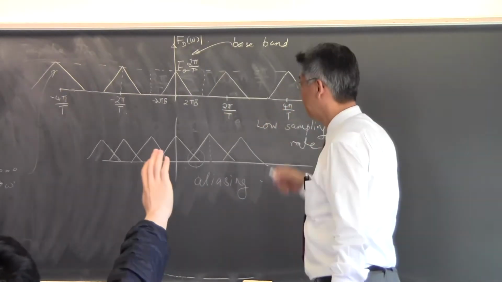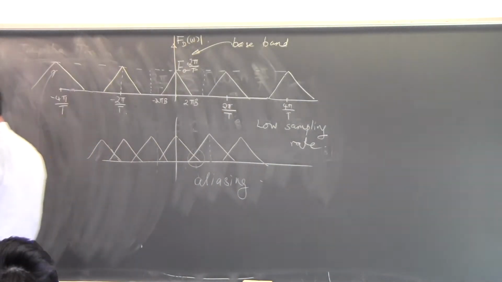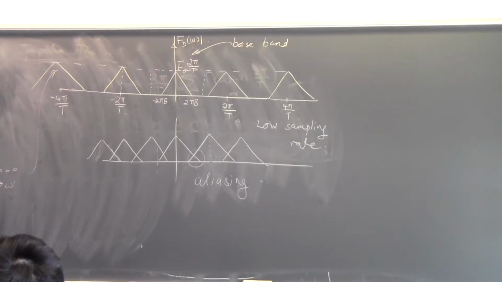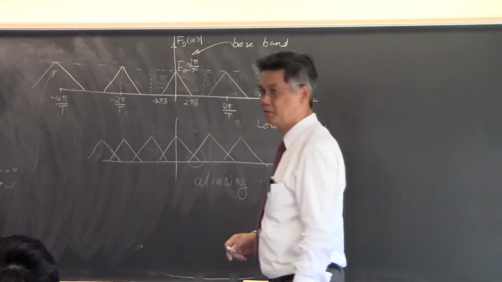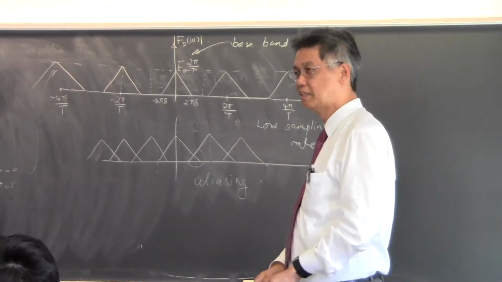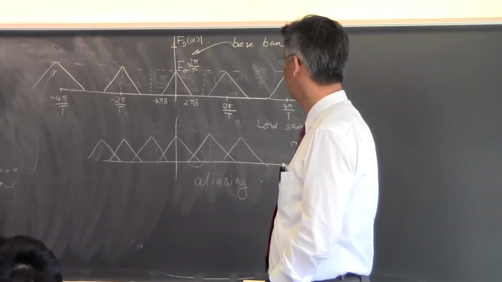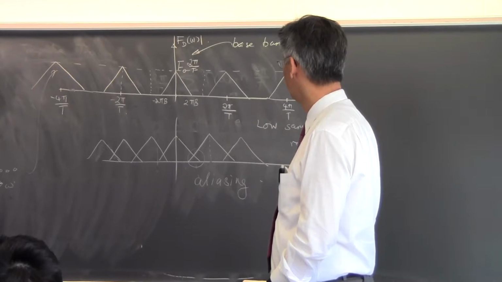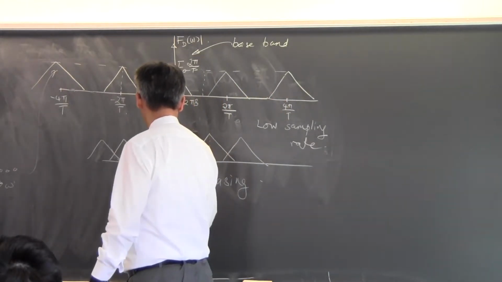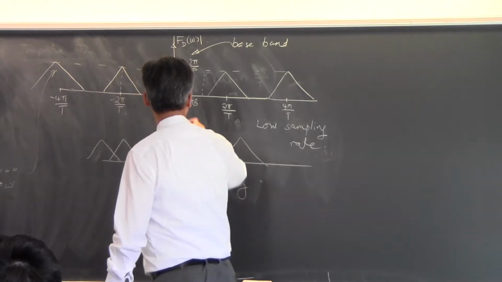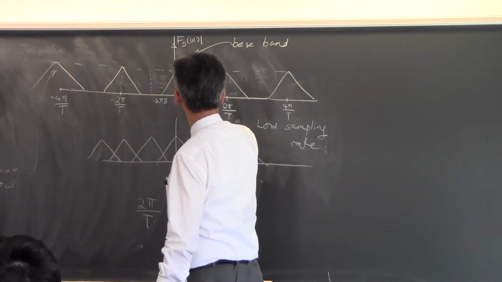Given the bandwidth of the signal to be such, how must you pick T so that there's no aliasing effect? Aliasing is bad. To get rid of aliasing, you need to have 2 pi over T larger than at least twice the spacing of this.